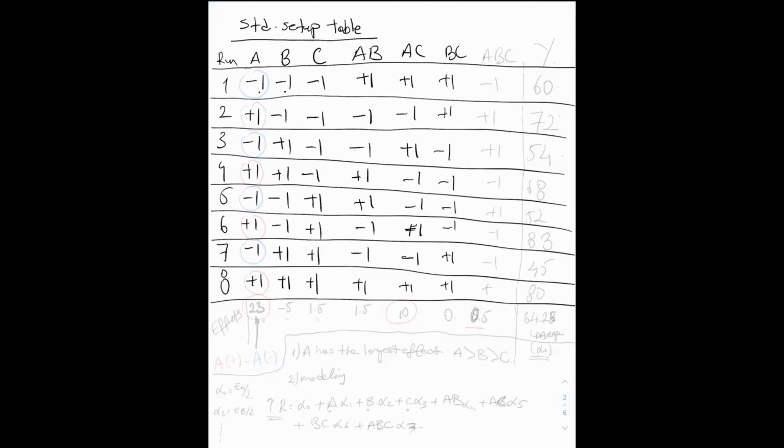And finally, I do ABC, that will be A times B times C, and that will be minus 1, plus 1, plus 1, minus 1, plus 1, minus 1, minus 1, plus 1.